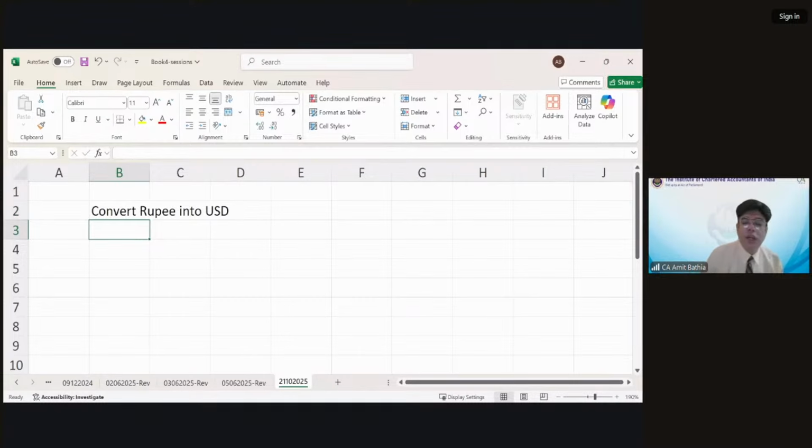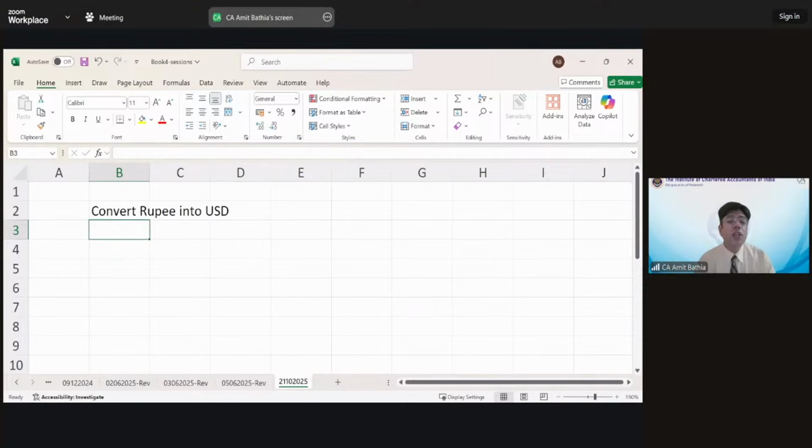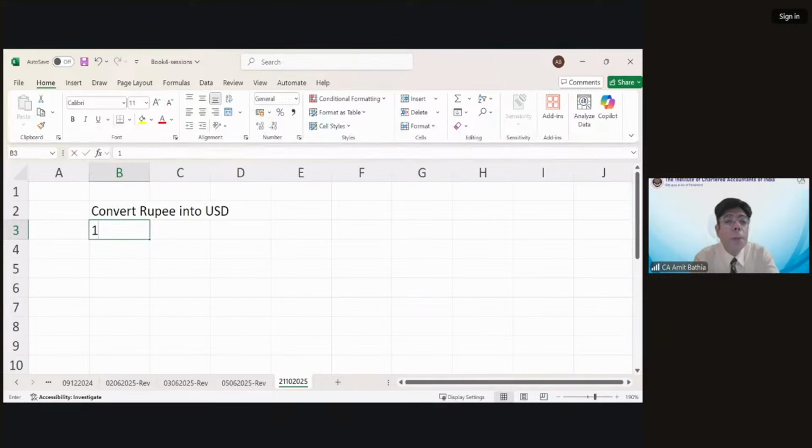Say, for example, today 1 USD is equivalent to, let's say, rupees 80, hypothetically. If 1 USD is equal to rupees 80, that means the purchase price of 1 USD is rupees 80.